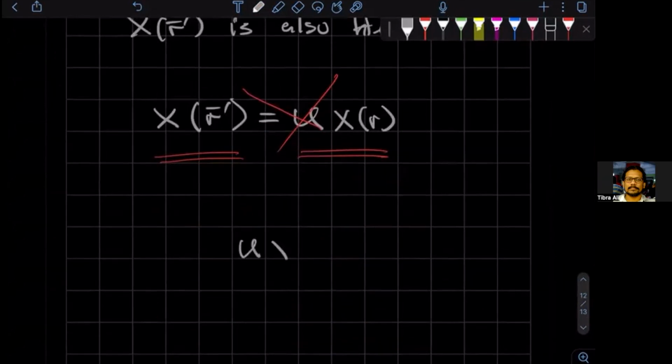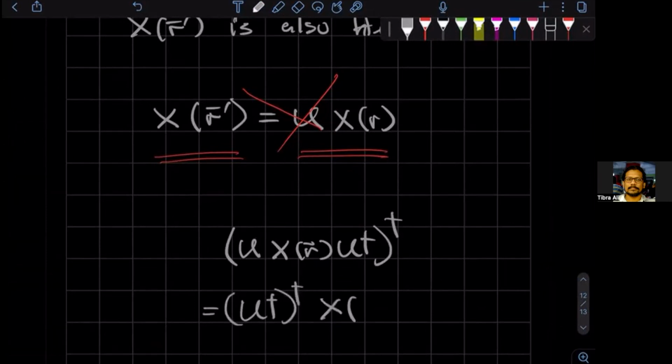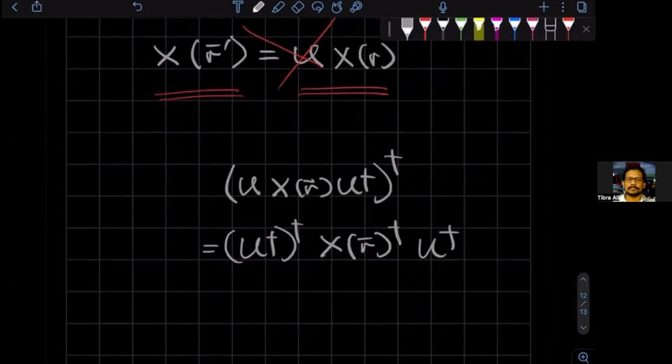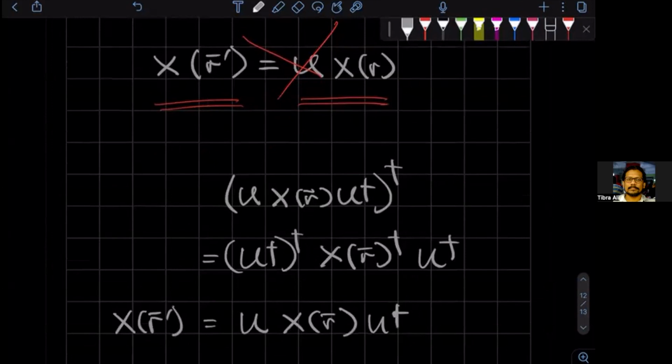I get U dagger dagger, X of R dagger, U dagger, but U dagger dagger is U, so X of R, U dagger, which is exactly X of R prime, right?